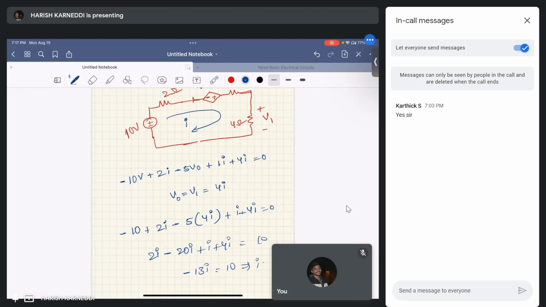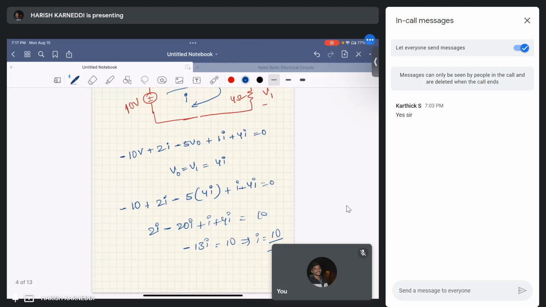I equals 10 by minus 13, that is minus 0.769 amperes. So V1 equal to 4I, that is V1 equal to 4 into 0.769, that equals 3.076 volts.